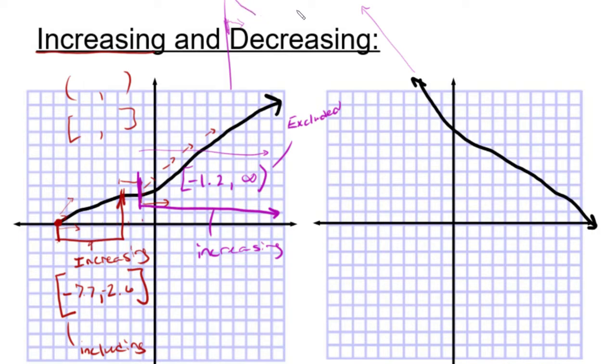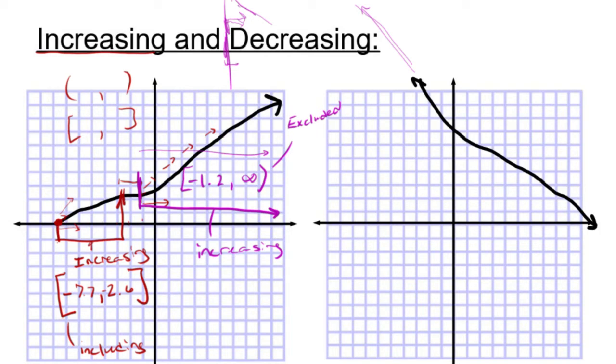It continues to come down, and it meets right here. So that means as your x values get bigger, these y values are going down, down, down, down, down, down, down. They have to if they're going to connect to this point. So that means starting at negative infinity for the x value, your graph is already decreasing. It's going down until it meets up here.